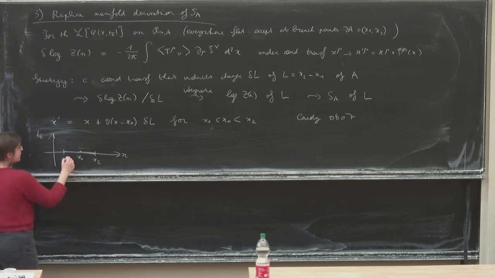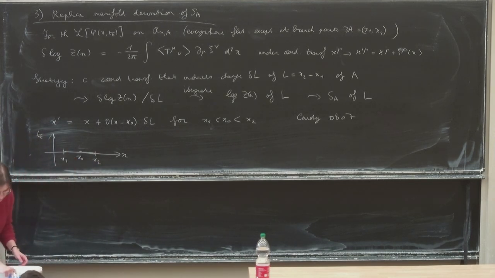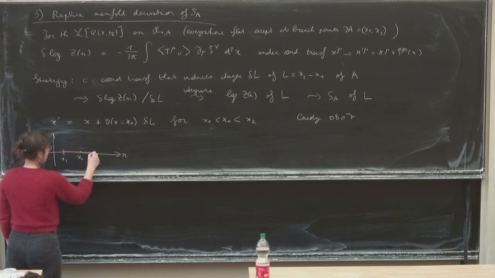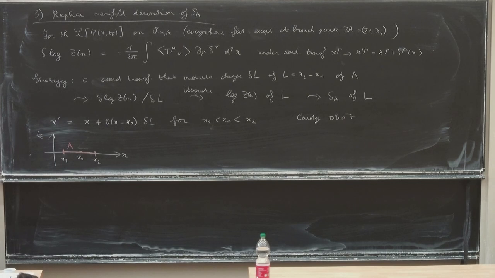So remember, I have my interval A. I'm going to try to consistently draw it in red. This is my interval A, with endpoints x1 and x2.